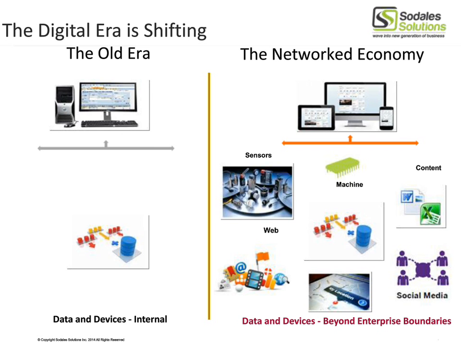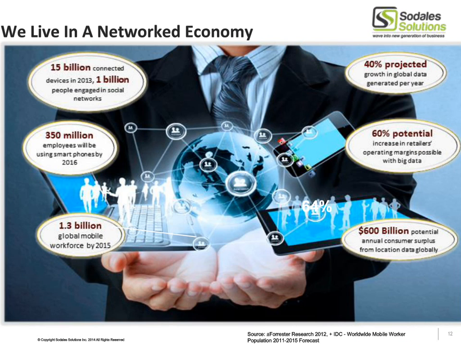So let's see what the stats say. What are the numbers out there? I won't have time to go through all of these numbers, but I'm going to give you one or two examples. The first one is, if you look at the left side, you'll see all the mobile stats and information that's out there through surveys. On the right side, it talks about opportunities that you can create through big data.